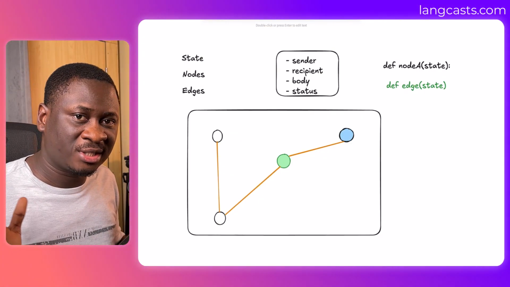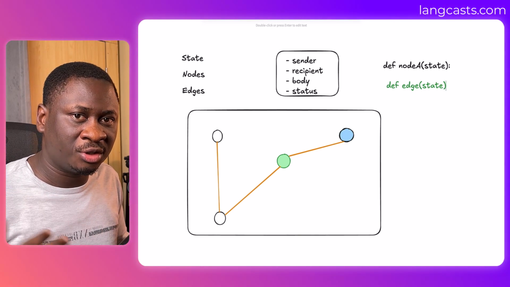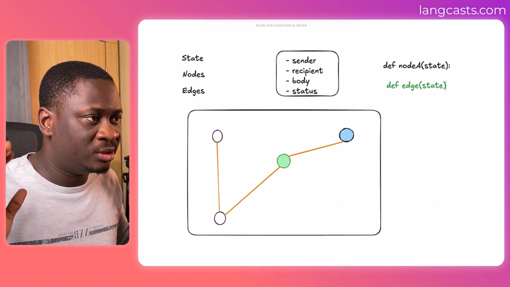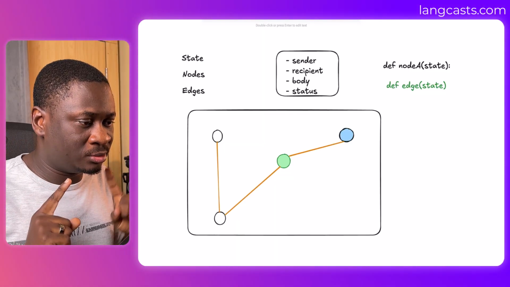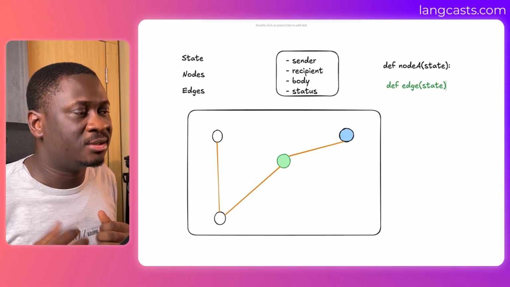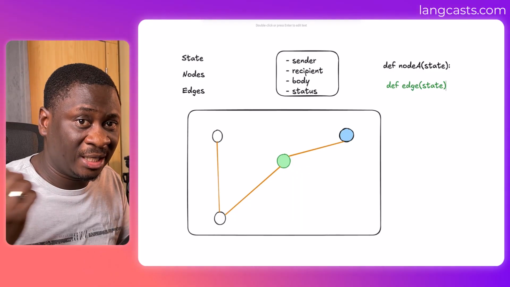So just to recap, just like nodes, if edges need to perform conditional operations, you can define them as functions, and they're going to determine the next place that you're going to go from a particular node. They're going to determine whether to go to node A or node B based on a condition. So those are edges. And just like nodes, they can also use LLMs.